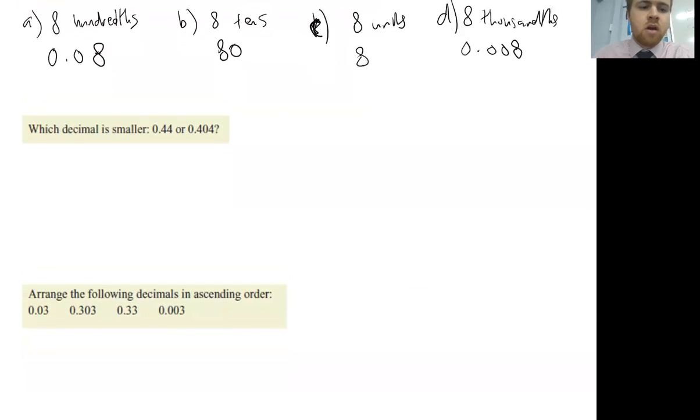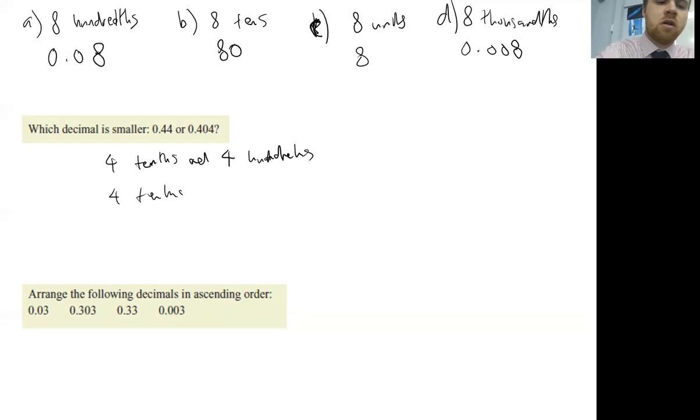Now we also need to be able to understand how their size is ordered, how we can compare the sizes of different decimals. Which decimal is smaller, 0.44 or 0.404? In the first one, we have 4 tenths and 4 hundredths. In the second one, we have 4 tenths as well, but we have 4 thousandths.